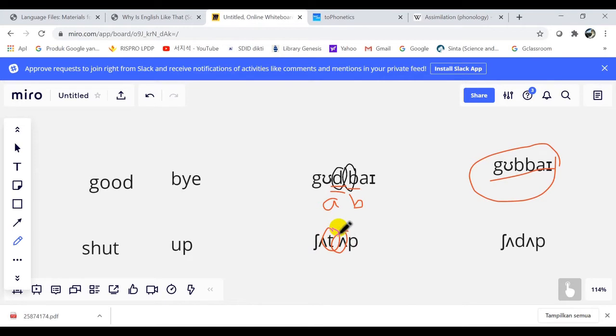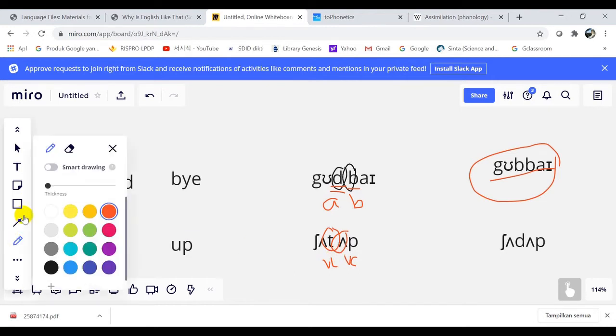T is voiceless, whereas the vowel is voiced. Like I said before, it will be easier to pronounce if both are voiceless or both are voiced. Here in this case, the vowel will influence the t.